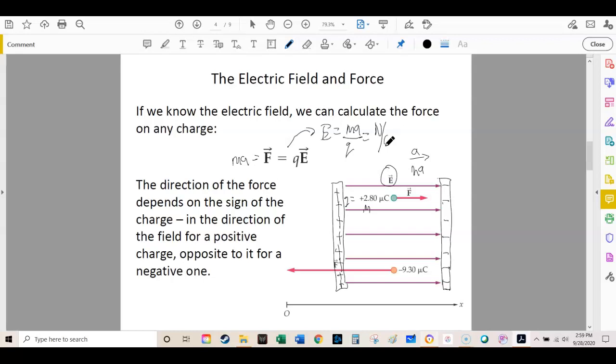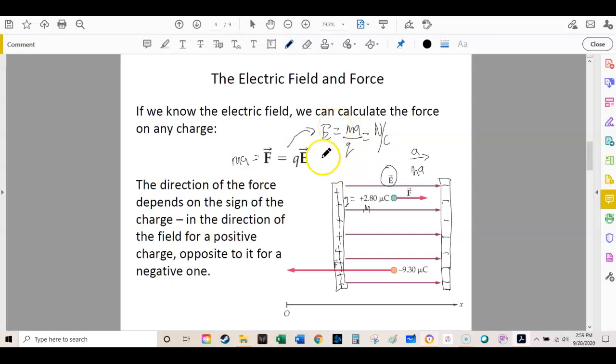So that's how you would measure a homogeneous electric field in a capacitor, by placing a test charge in that area and then measuring its acceleration. And you would have to know the mass and charge on that test charge. And the resulting acceleration you could use to give you the magnitude of the electric field.